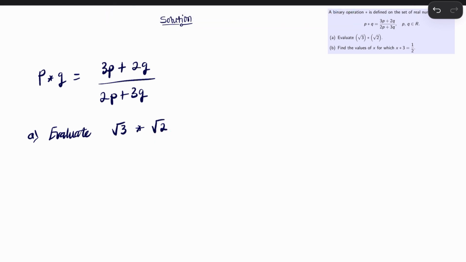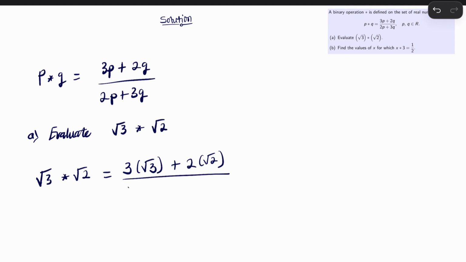And so we are going to have the square root of 3 star the square root of 2 is equal to 3 times P, but P is now the square root of 3, plus 2 times Q, and Q is now the square root of 2, then divided by 2P, and P is the square root of 3, plus 3Q, and Q is the square root of 2.